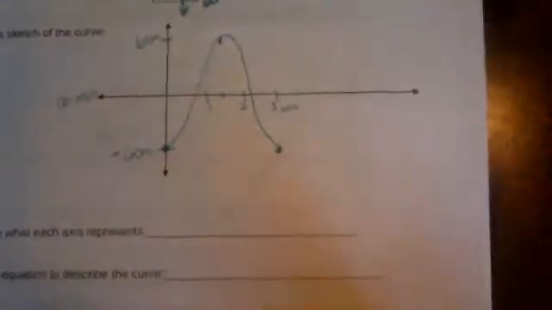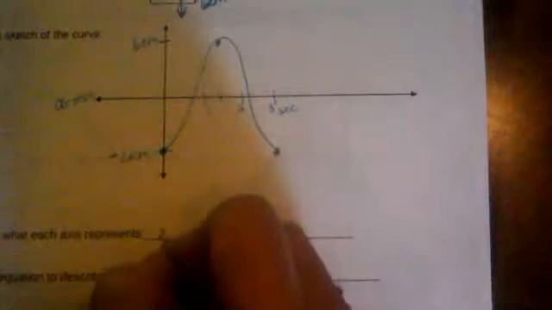So again, first question is just to familiarize us with the graph, make sure we understand what we've sketched here. And so each axis, the x-axis is representing time in seconds. 3 seconds is how long it took to complete the cycle.